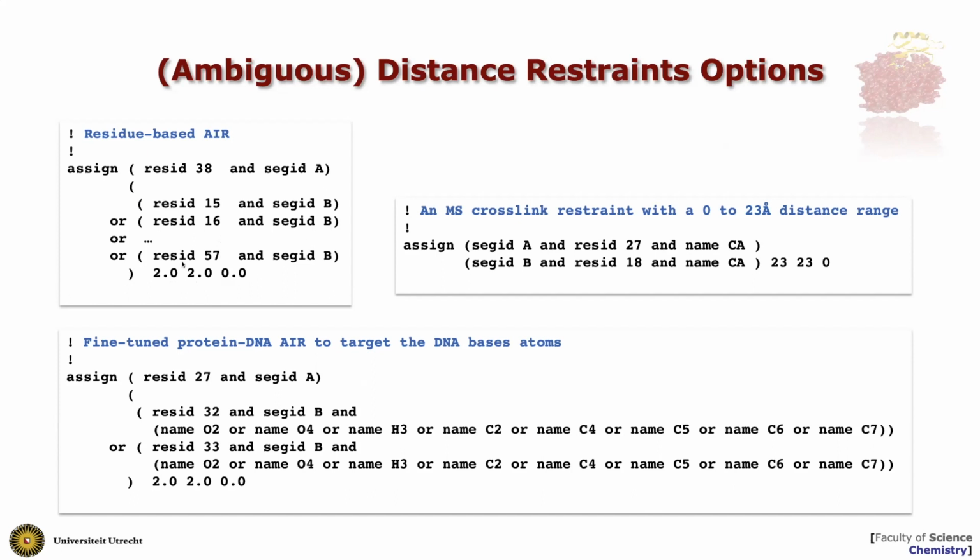This is the target distance. This is the lower bound correction. So this minus this gives you the lower limit to the distance, which is 0 in this case. And this plus the third number gives you the upper limit, which is 2. So we use an upper limit of 2 angstrom to define distance between proteins, which might seem very short because, you know, the minimum approach distance of 2 carbon atoms is around 3.5, say 3 angstrom.